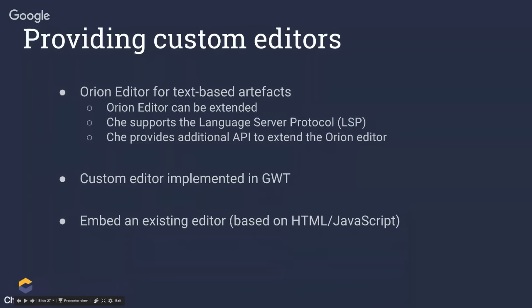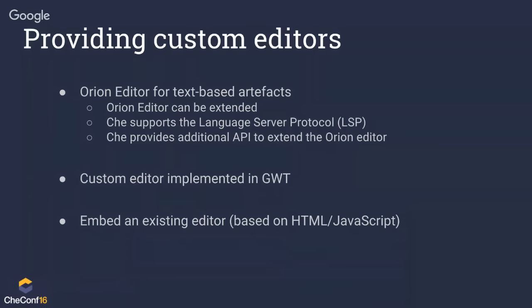The preferred way nowadays, I would say, to do that would be to use the language server protocol. Because if there's a language server available for your language, you just need to connect it. If there's no server available for your language, you might consider writing one, because then you can reuse this language support in other tools too. So it's a pretty flexible way.